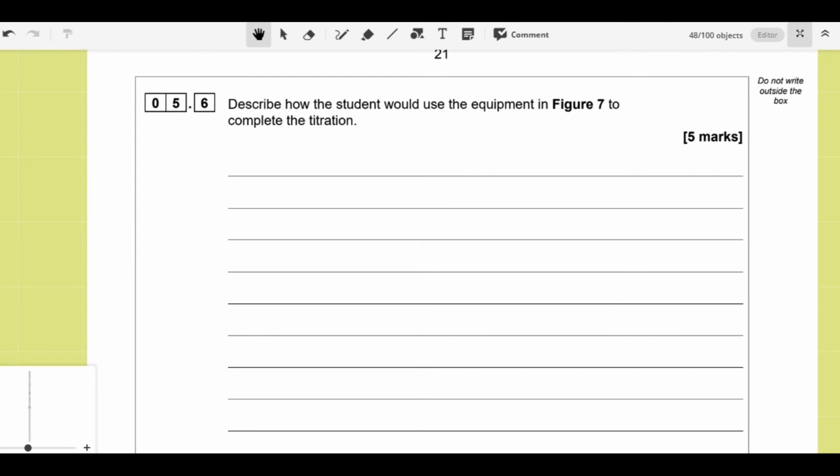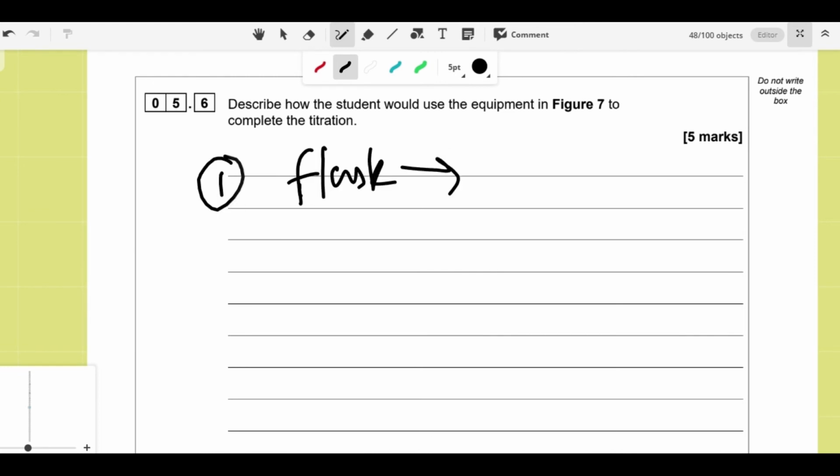titration. So here you need to write all the procedure. So first you have a conical flask. For example, here I'm going to write just a hint, flask. In the flask you need to add potassium hydroxide.